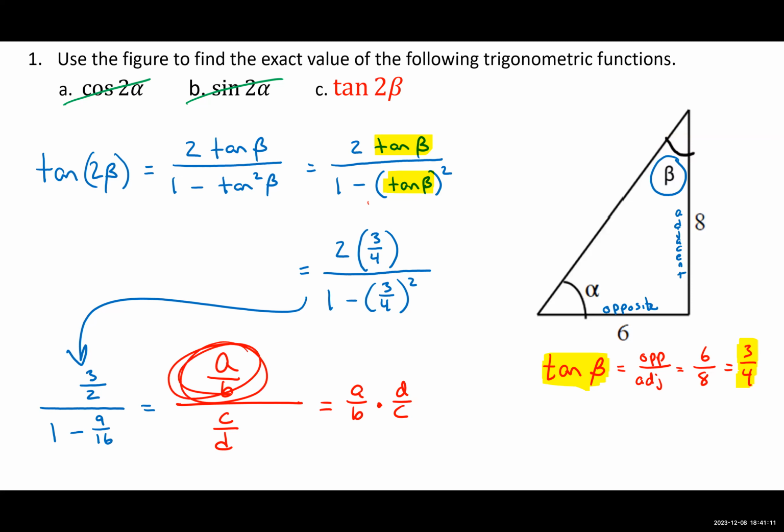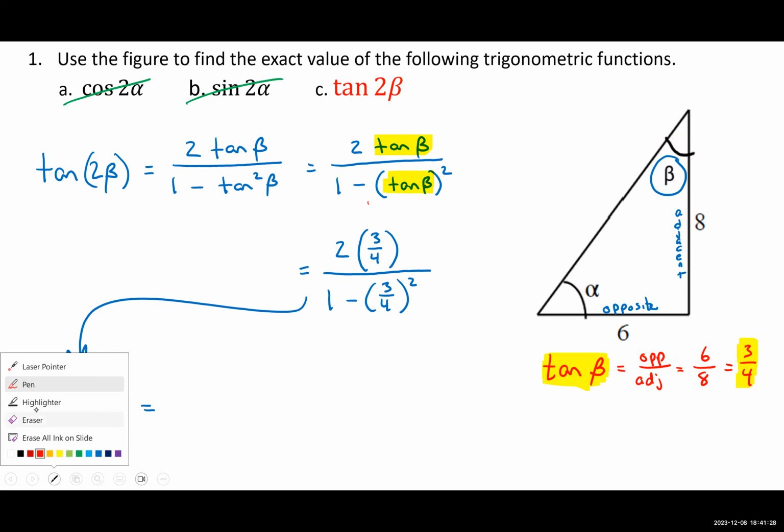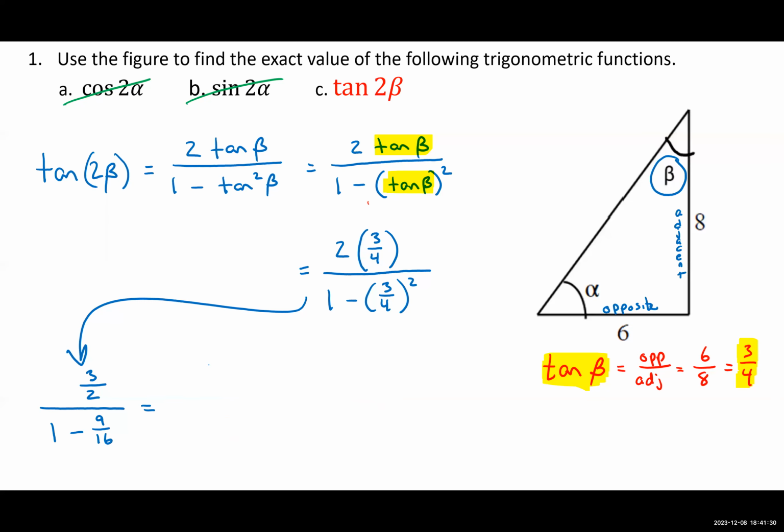I want one fraction on top, which I got, and I want one fraction on the bottom, so I've got to combine those two. Now back to the problem. We've got 3/2 on top. 16/16 minus 9/16. So now we've got one fraction on top, and one fraction on the bottom. That's what we want.